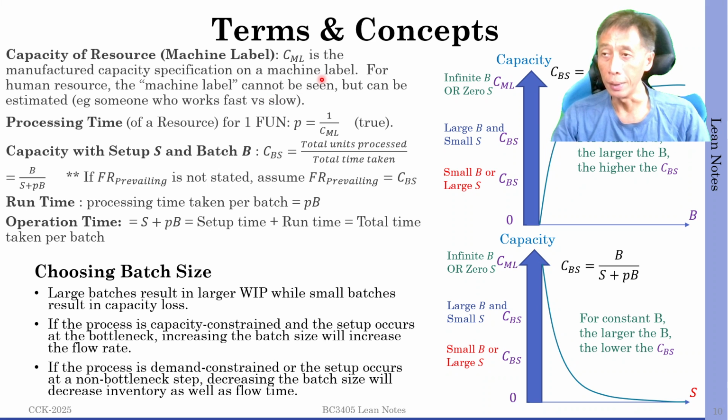For example, take a process with molding, baking, and packaging. Remember our three-stage bread making factory? Baking was the bottleneck at 1 per minute, and molding was not too far away, 2 per minute.